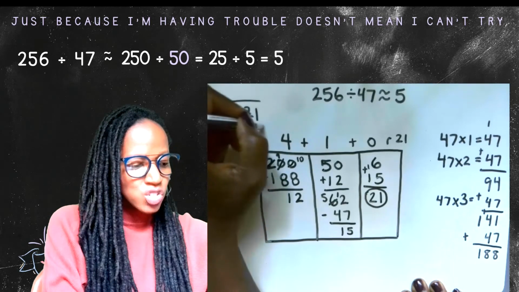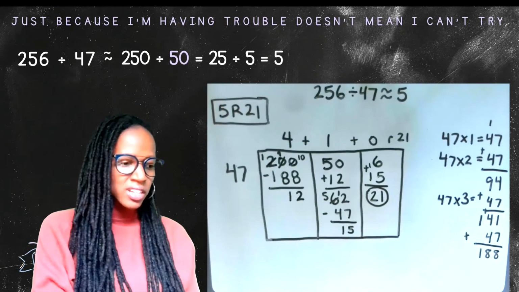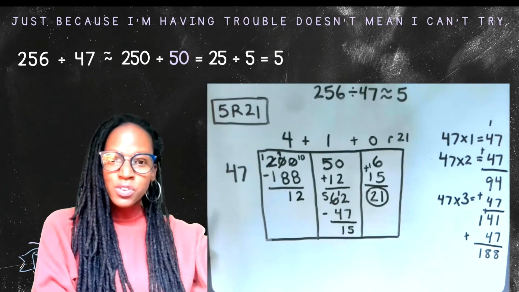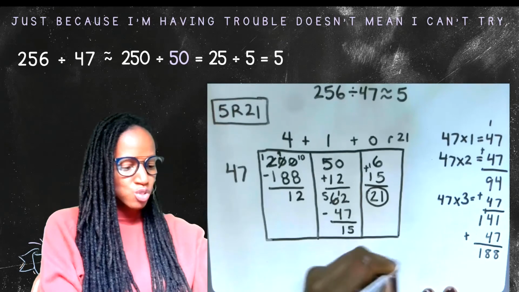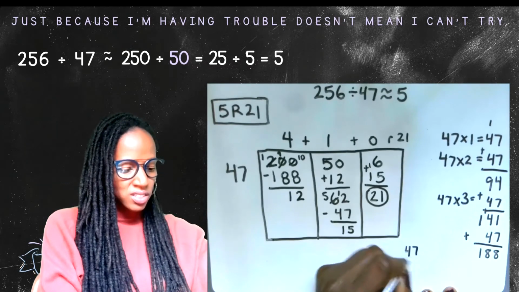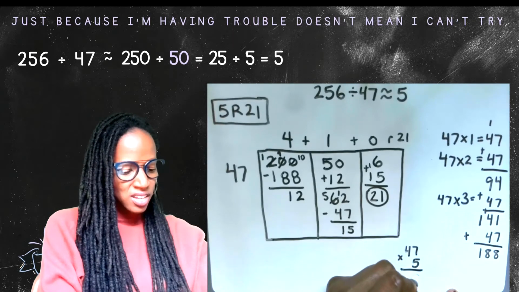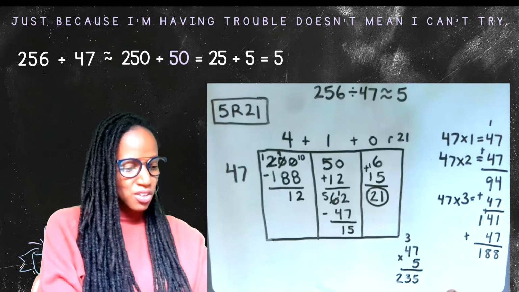Now, I can always check to see that my division is correct with multiplication. So let's do that. If I believe I could make 5 groups of 47, the first thing I'm going to do to check it is multiply 47 times 5, and we know that that's 35. I bundle a 3. That's going to give me 235.